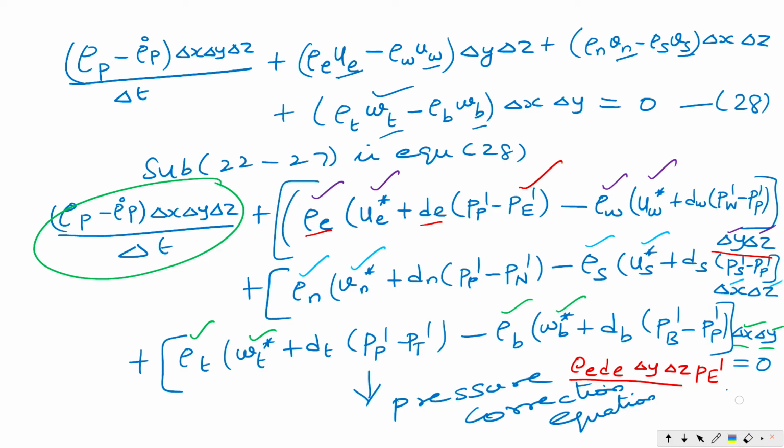It is only the terms related to Pp dash. So what is that Pp dash? Rho E dE, then this also becomes plus, plus rho W dW. Why does it become plus? Minus into minus will become plus. So it's rho W dW of Pp dash. Otherwise I will write like this on the next page.